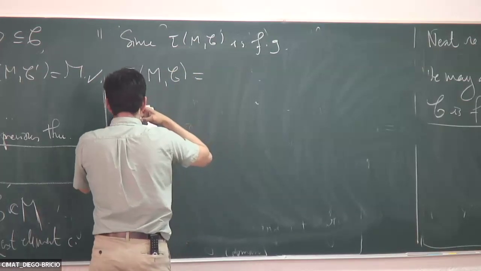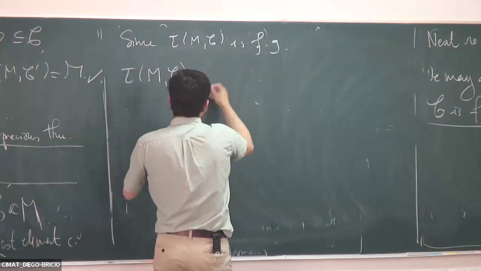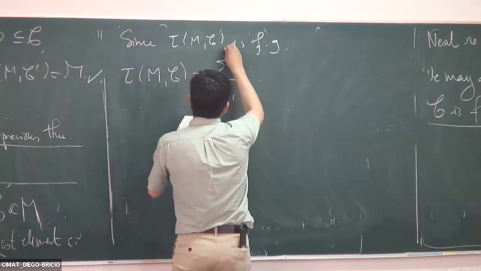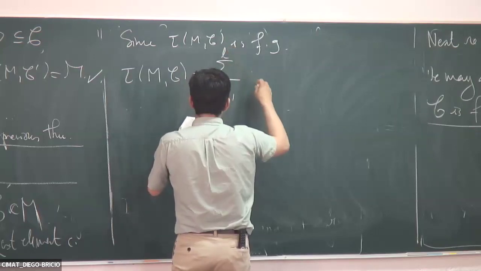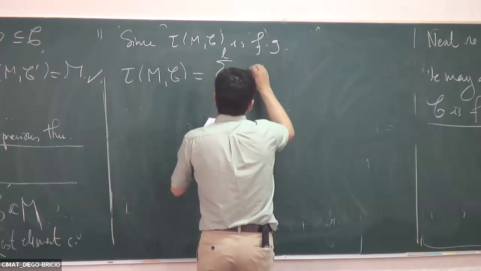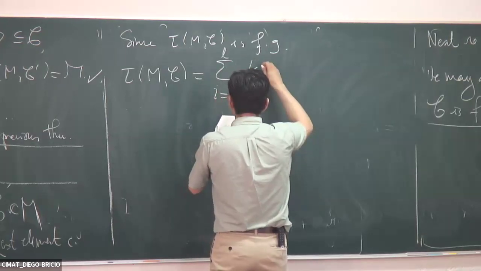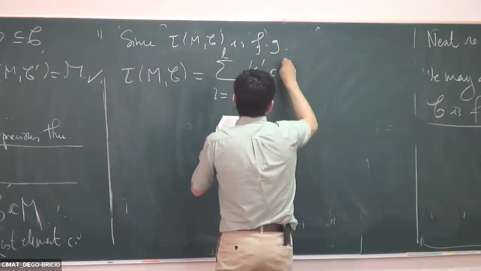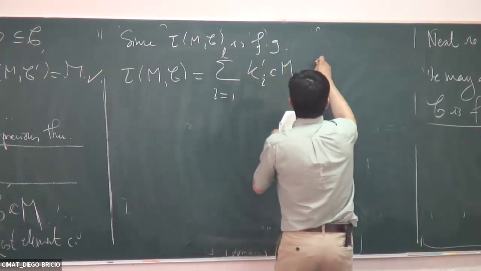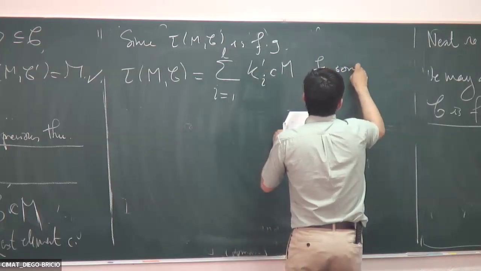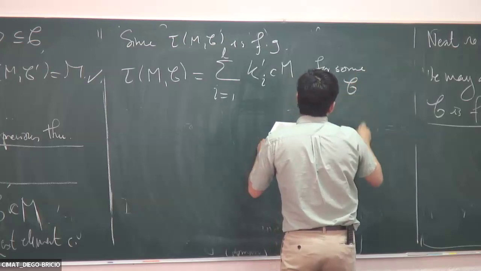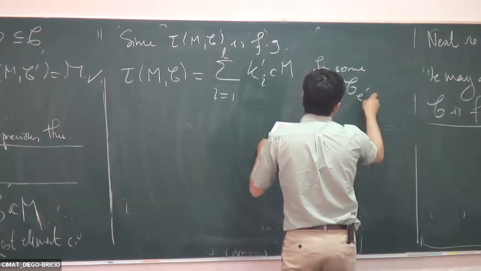then we can write tau of M comma C. So here we need some good notation. So I guess from r equals 1. Before we used k, then we can use l now. And well, we used kappas. Let's use kappa prime perhaps. C M for some kappa_i prime that belongs to C, phi_i prime.